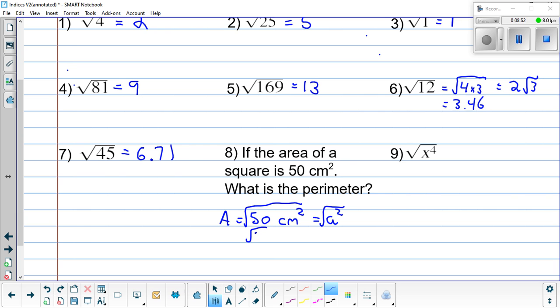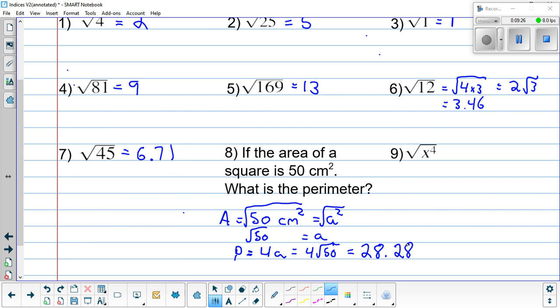So the square root of 50 is equal to a side, and we know that our perimeter is equal to 4a, or side plus side plus side plus side, right? And so we get 4 root 50, or if you just wanted to put it in your calculator, do 4 times root 50, or root 50 plus root 50 plus root 50 plus root 50. Any way that you go about doing your maths there, you get 28.28.